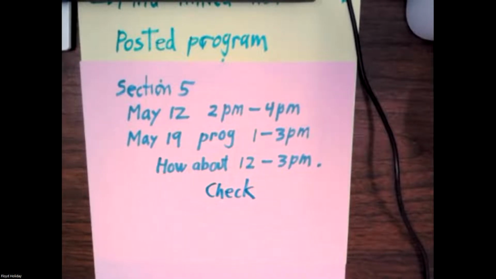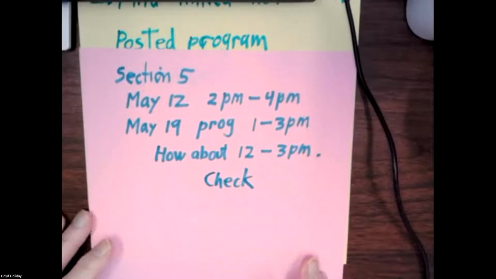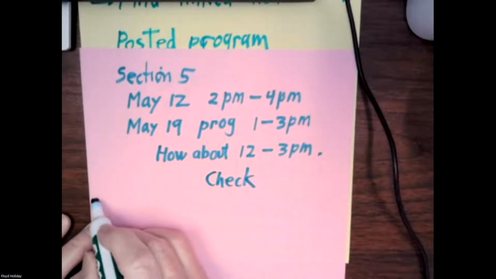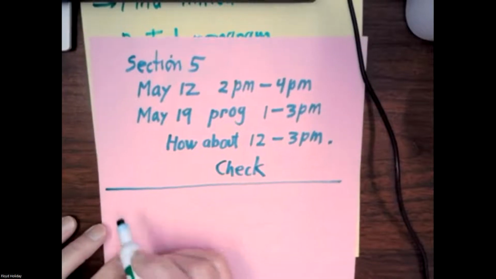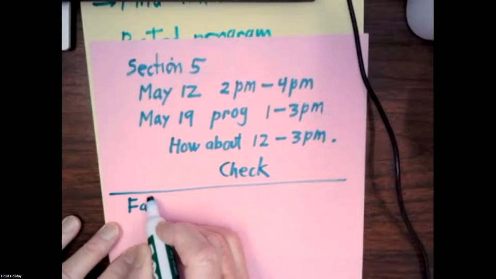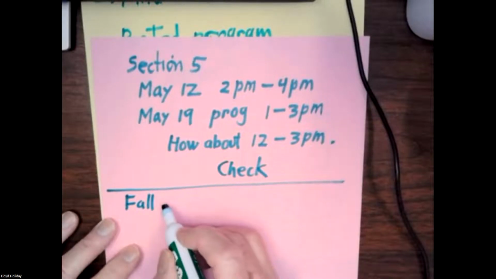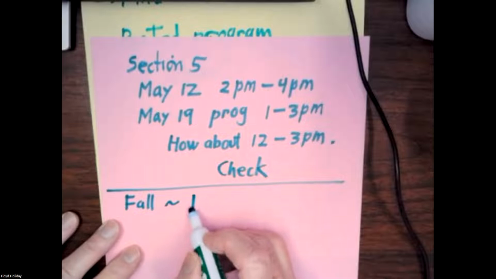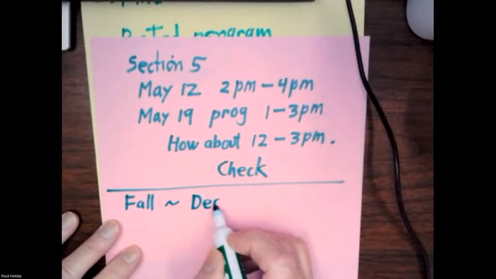Okay, let's see. Is there another? Yeah, I got another announcement. This is a tough one. In fall semesters, here's how the calendar works. In fall, finals week ends around December 16 or 17.